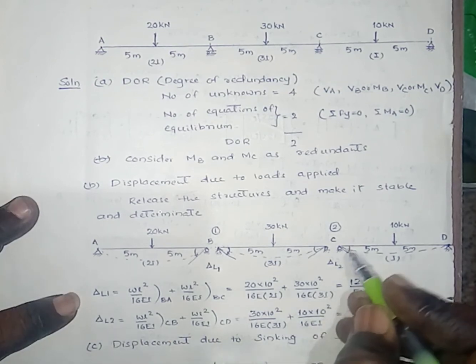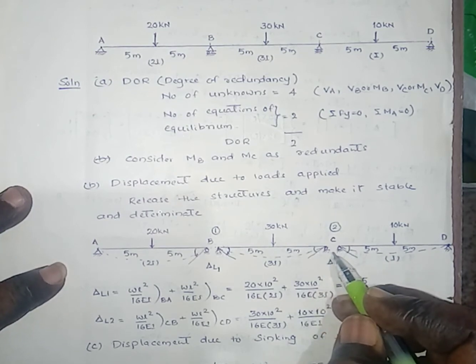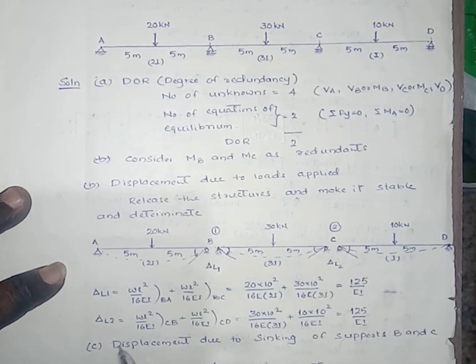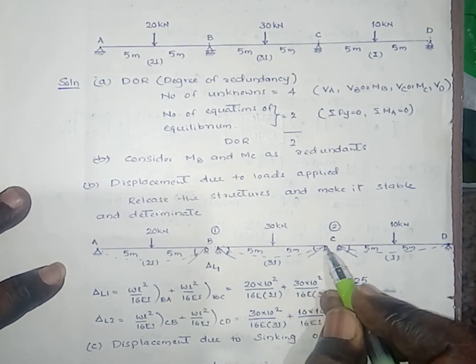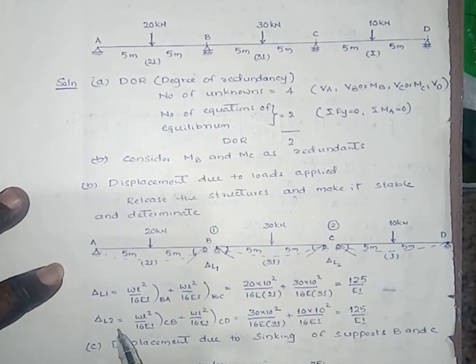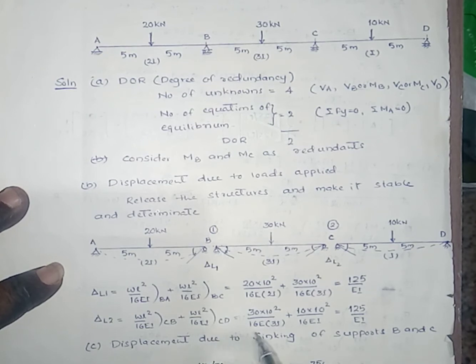Then the displacement at 2 due to the applied load: here two members are connected, CB and CD. We have to calculate the displacement in span CB and span CD due to the applied load, that is WL square divided by 16EI for span CB plus WL square divided by 16EI for span CD.